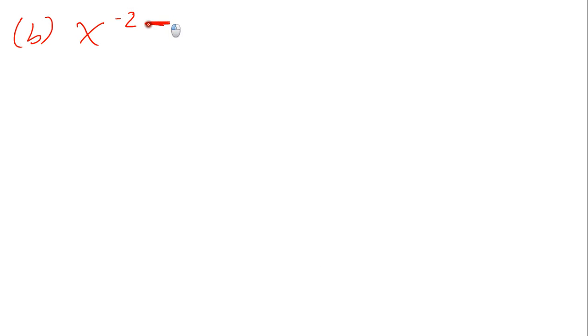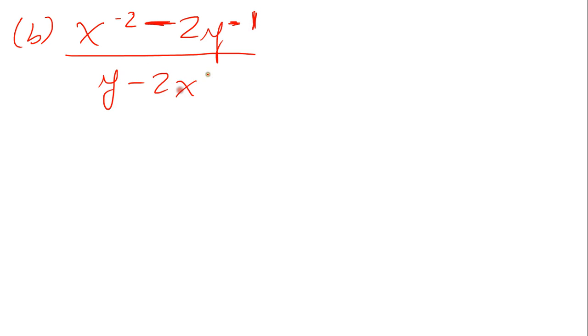Minus 2y to the negative 1. That's an exponent. That's hard to tell. I'm writing a little sloppy at 4 o'clock in the morning. Y minus 2x squared.